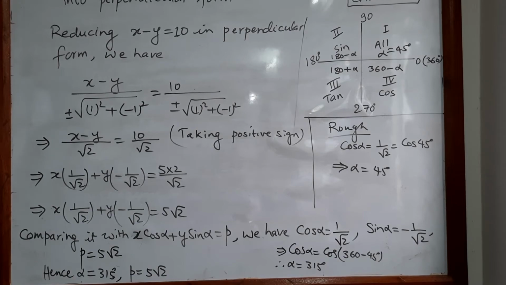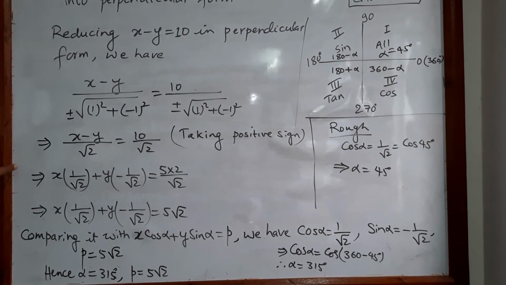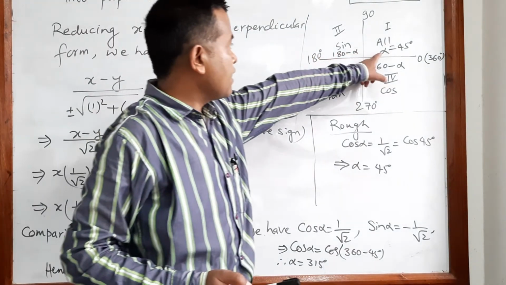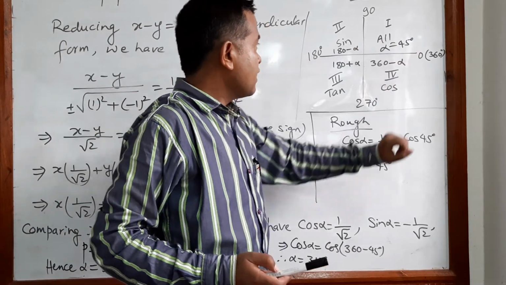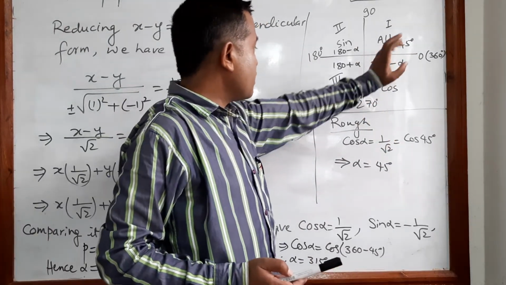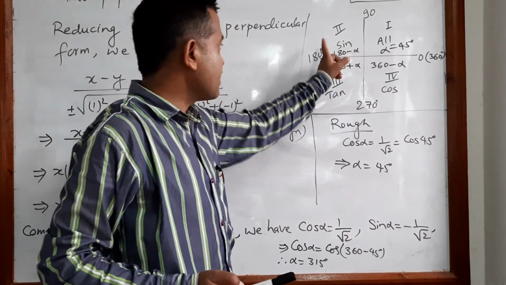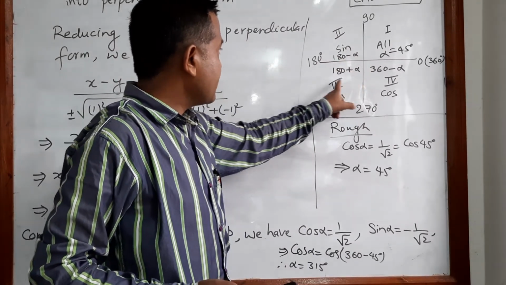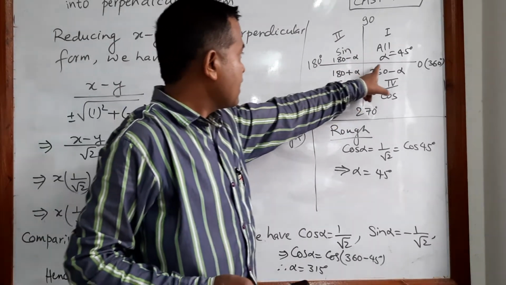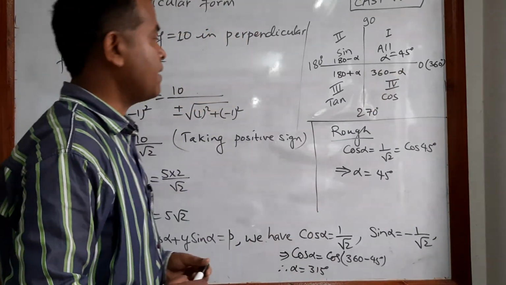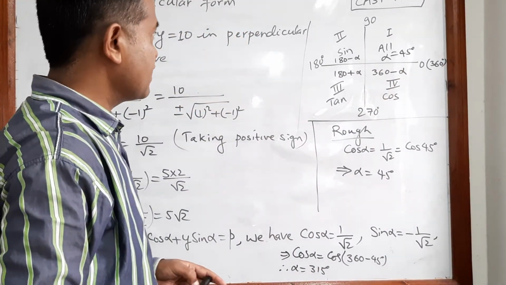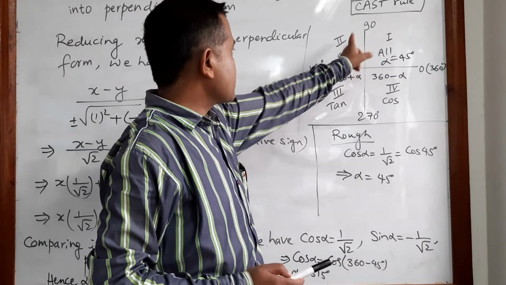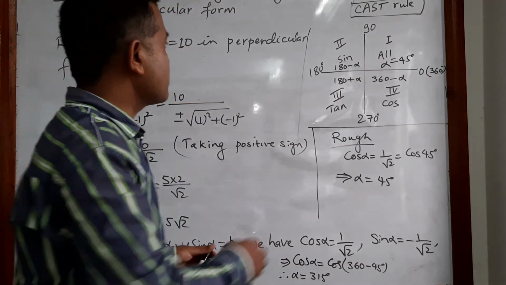Keep in mind that if the acute angle is alpha in the first quadrant, in the second quadrant it is 180 minus alpha, in the third quadrant 180 plus alpha, and in the fourth quadrant 360 minus alpha. The question may arise that 90 plus alpha also lies in the second quadrant.